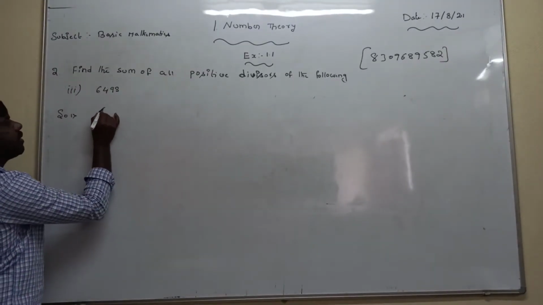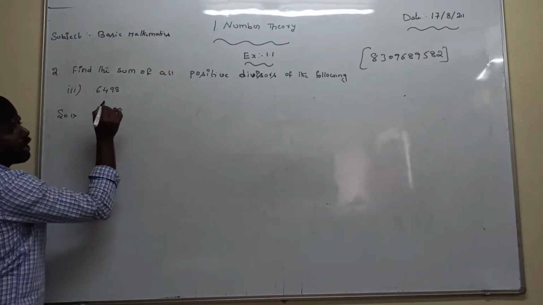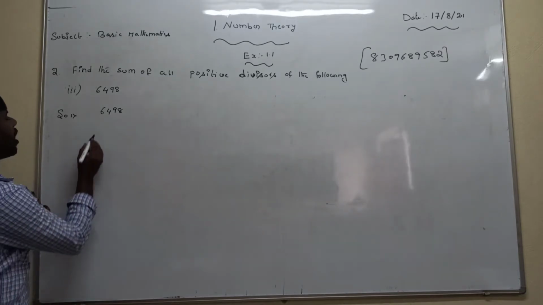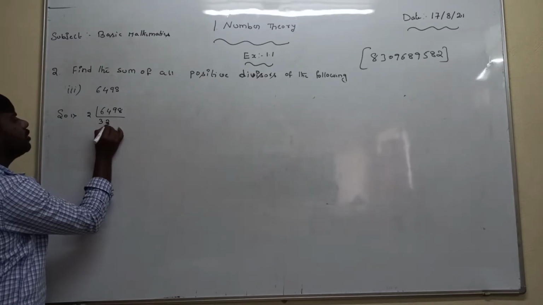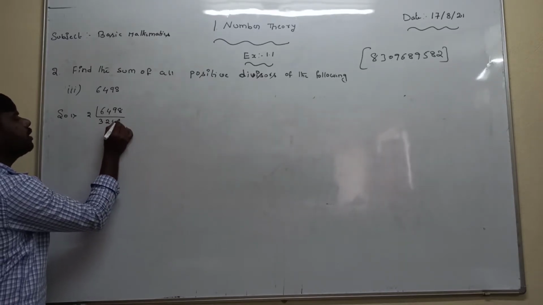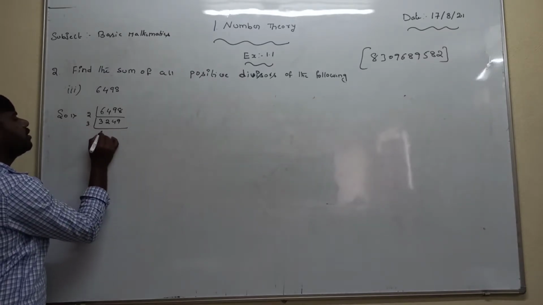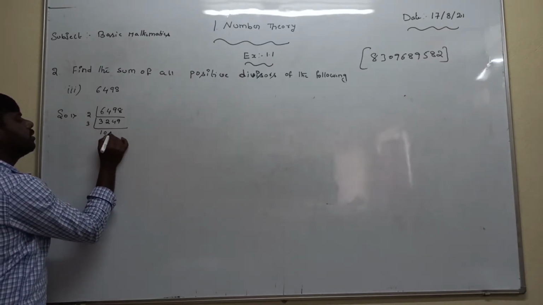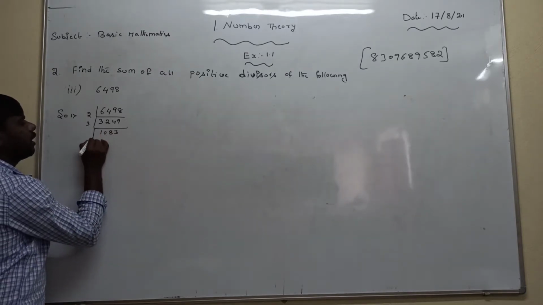So by using the division method, the given number is 6,498. 2 3s are 6, 2 2s are 4, 2 4s are 8, 2 9s are 18. Now 3 we can take, 3 1s are 3, 3 8s are 24, 3 3s are 9.